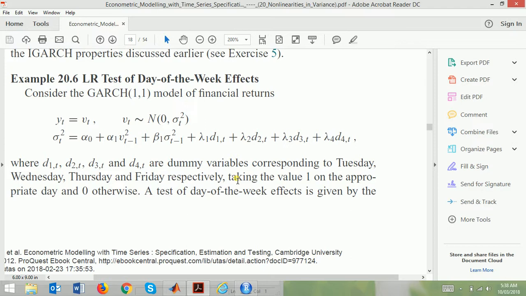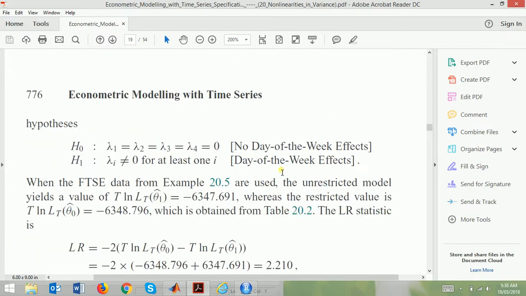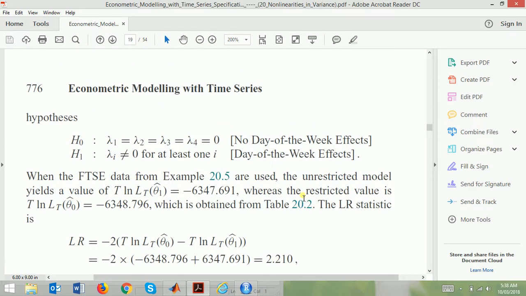Here d1t, d2t, d3t and d4t are all dummy variables corresponding to Tuesday, Wednesday, Thursday, and Friday, taking the value of 1 on the appropriate day and 0 otherwise. So this is a dummy variable. We are going to create a series of dummy variables. A test of day of the week effects is given by the hypothesis: lambda 1, lambda 2, lambda 3, lambda 4 equal 0, no day of the week effect, or at least one is not equal to 0, which is a day of the week effect.